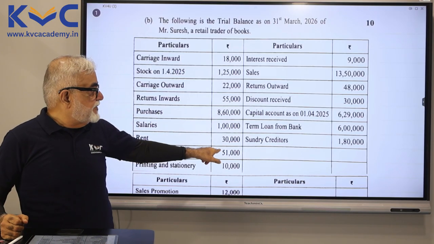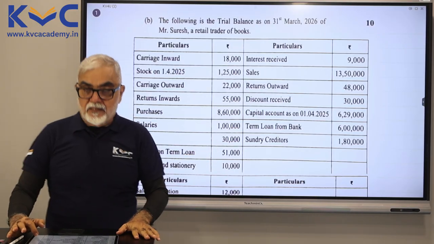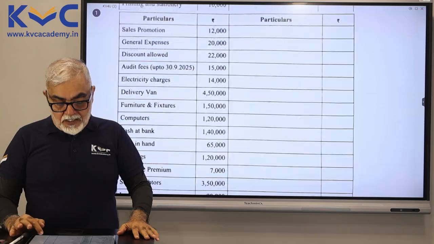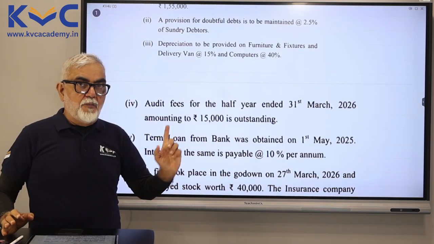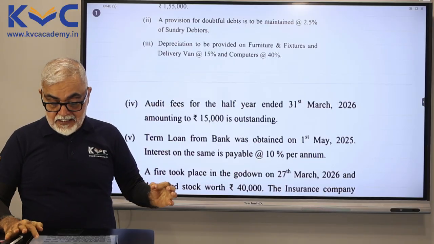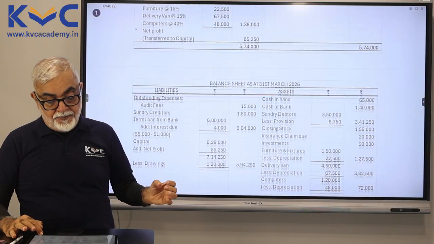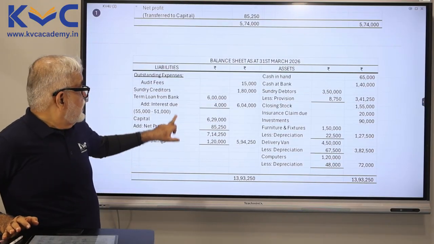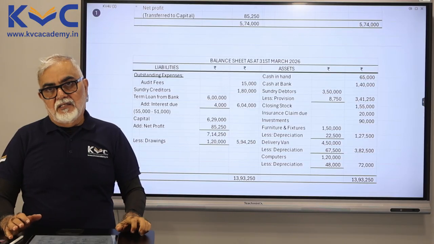Interest on term loan, 51,000. Now, we are told there is one adjustment here. The term loan was borrowed on 1st May. That means you have borrowed it for 11 months. So for 11 months, what is the interest that needs to be found out? The total loan for 11 months, interest would be 55,000.